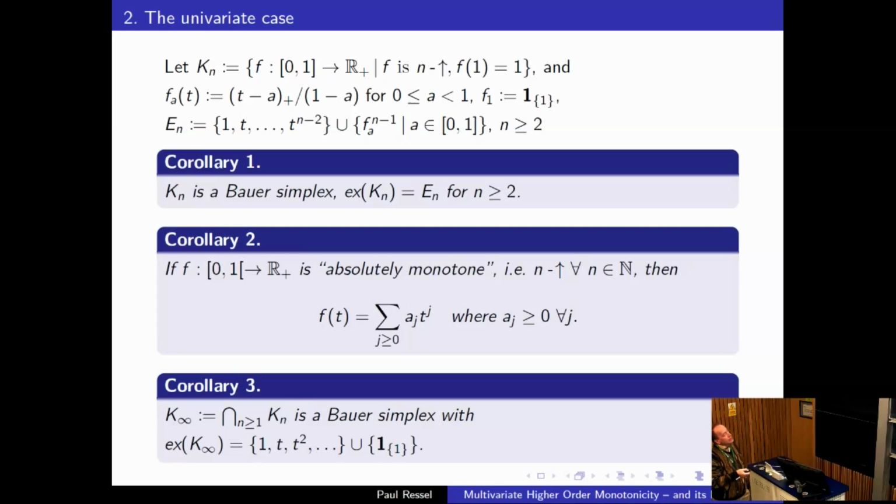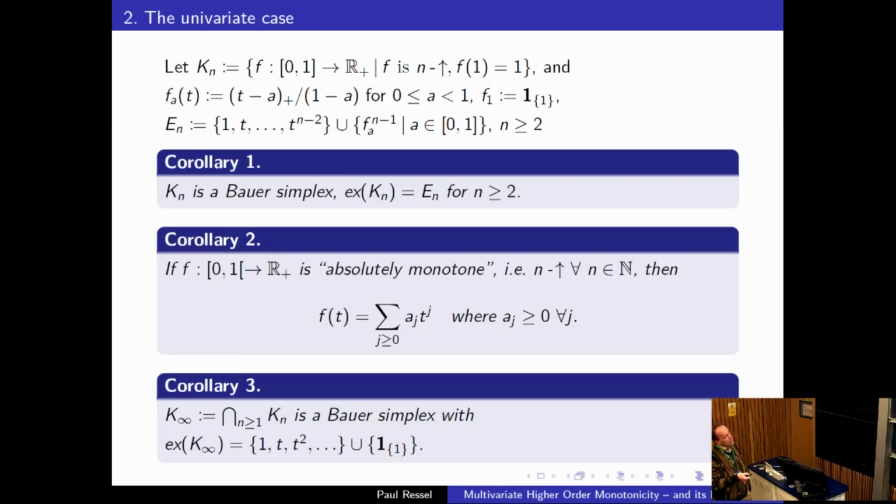Okay, and another corollary is the second one here. If I again go to the half-open interval, or it would also be the whole half line, if such a function is absolutely monotone, that means n-increasing for every n, then it is analytic with non-negative coefficients.